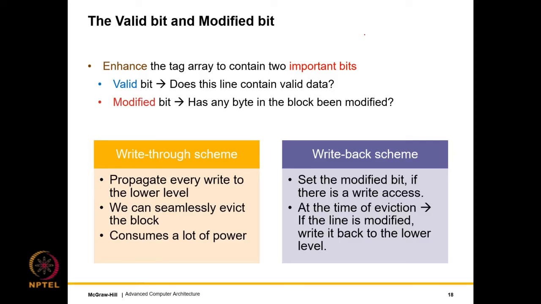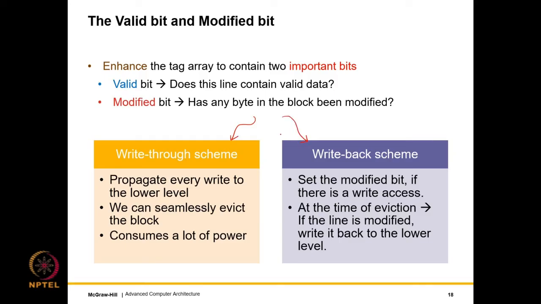It captures whether any part of this block has been written to or not. In the context of the modified bit, in the context of writing to a block, there are two schemes, a write through scheme and a write back scheme.